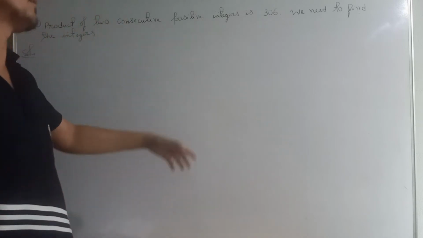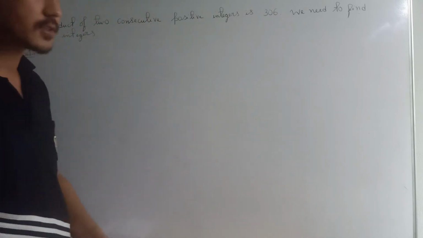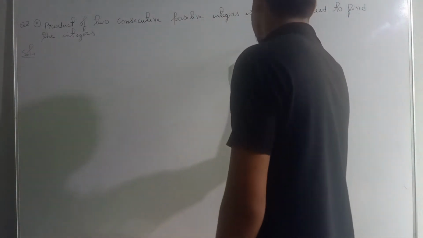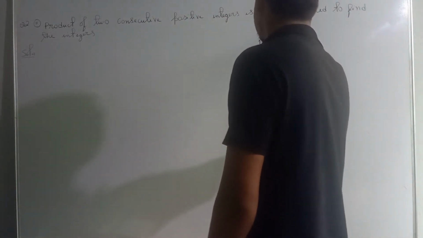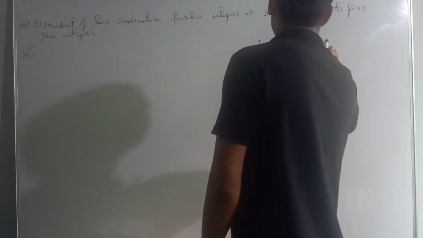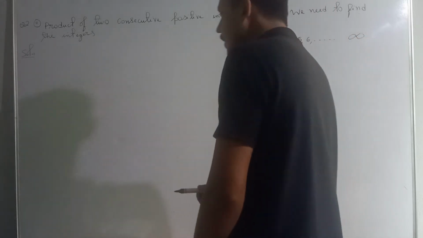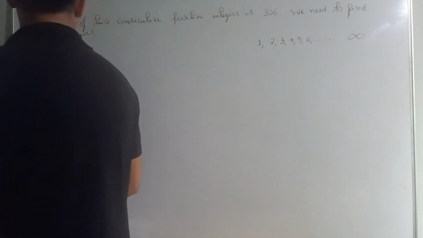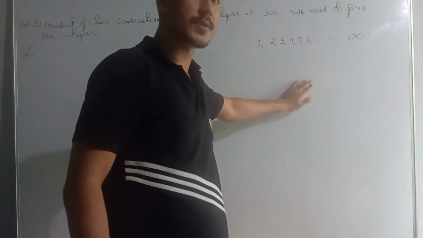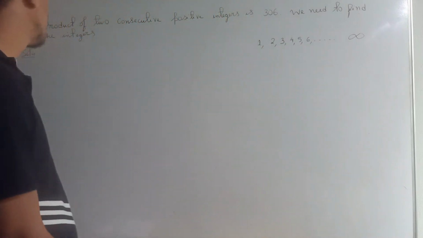Natural numbers are your positive integers. So positive integers means numbers starting from 1, 2, 3, 4, 5, 6 up to infinity, right? There is an uncountable number of positive integers, okay?